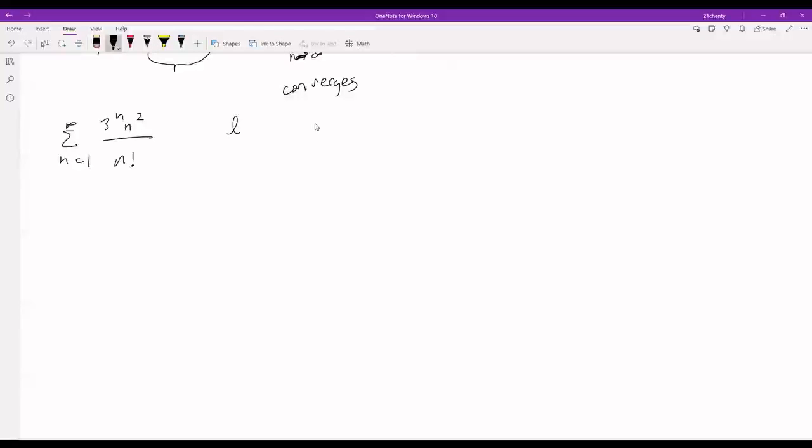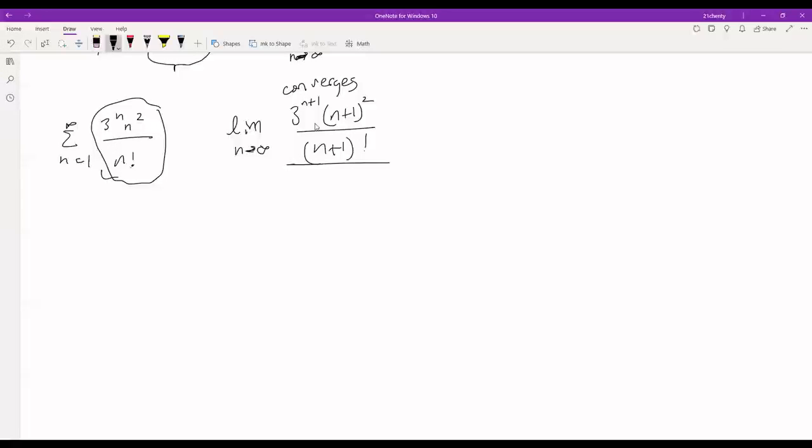So I will again take the limit as n approaches infinity of this whole thing, but with n plus 1. What this essentially means is that the n plus 1 is the next term, and we're dividing it by this thing itself, absolute value.